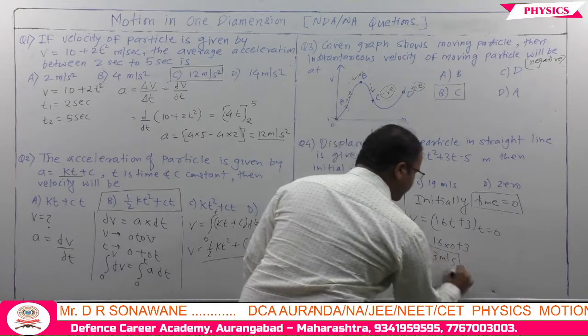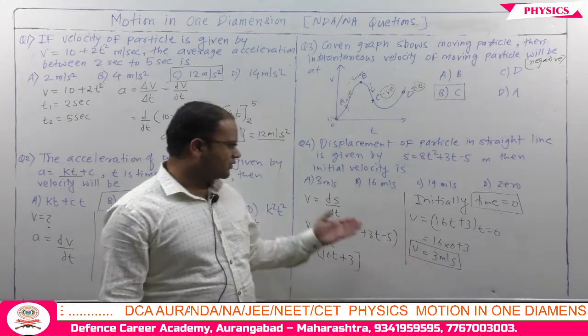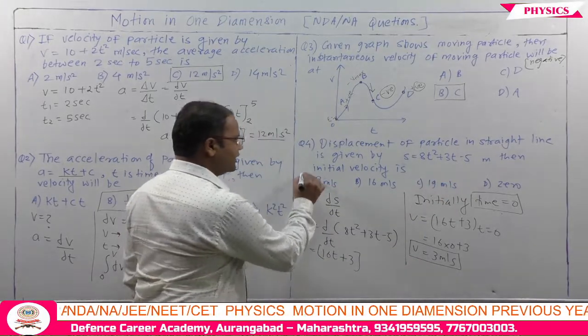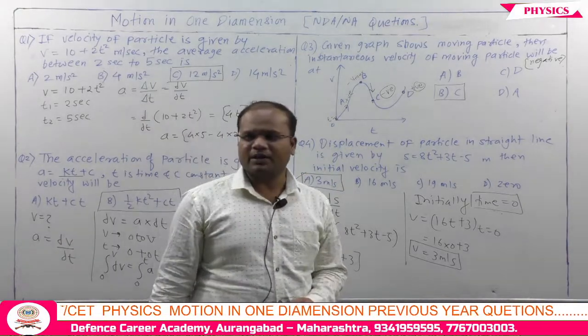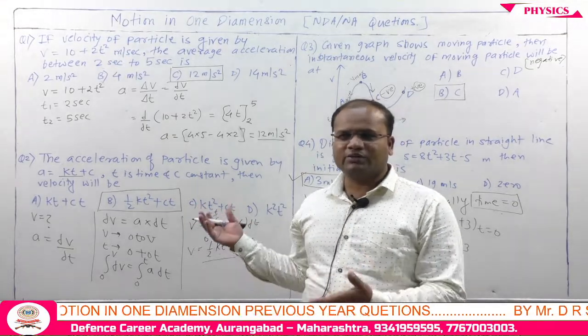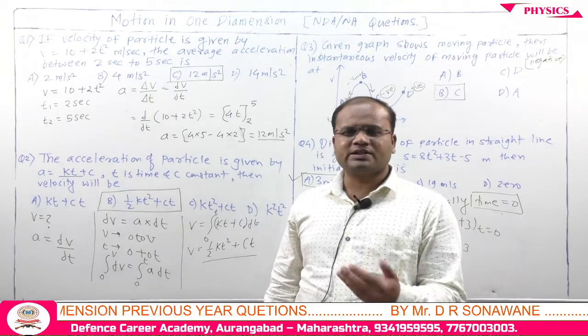So the initial velocity of the particle is 3 meter per second, and the options given are 3, 16, 19 and 0. The answer will be option A. Option A is correct, that is 3 meter per second. So just take a screenshot and write down these questions, very important questions from motion in one dimension. We will see the next question then.